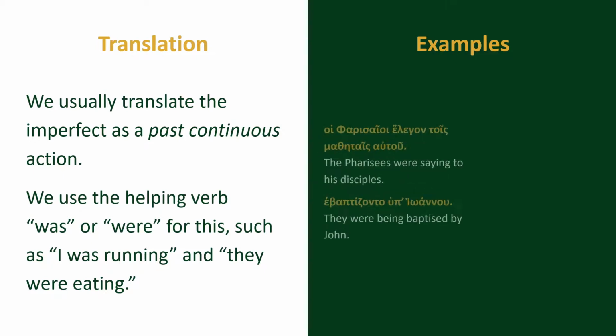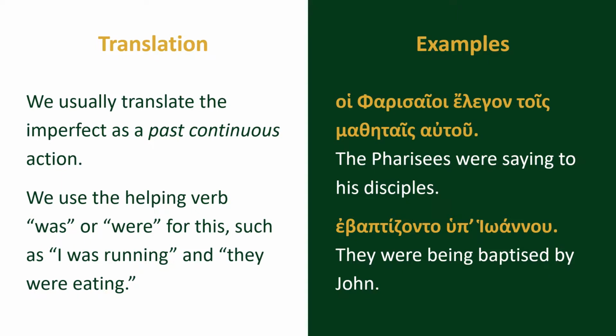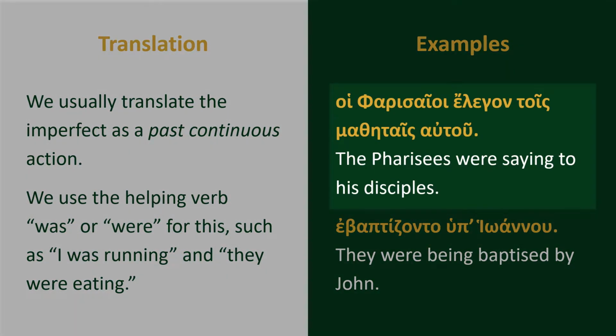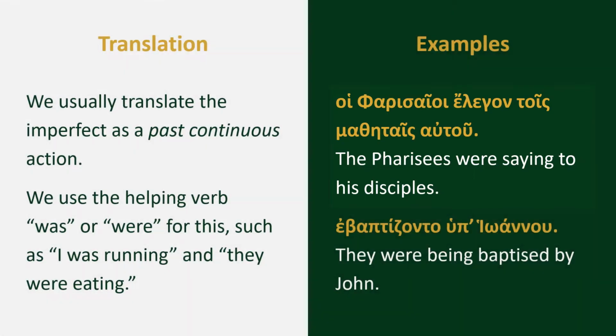Let's look at two quick examples. Firstly, "Hoi Pharisaioi elegon tois mathetais autou." The Pharisees were saying to his disciples. Notice that the imperfect tense elegon is translated as were saying, indicating that there was an ongoing act of speaking happening in the past time.